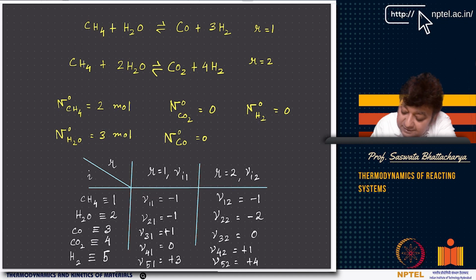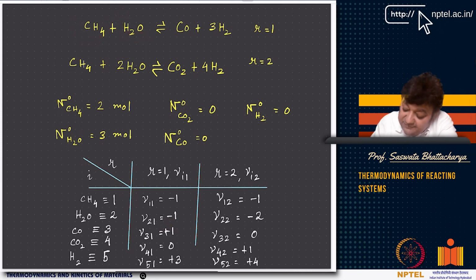If I now look at R equal to 1 and nu I1, that is for reaction number 1. For CH4 or species 1, your coefficient is -1. For H2O or species 2, your coefficient is -1. This is for reaction 1, so you have -1 here and -1.